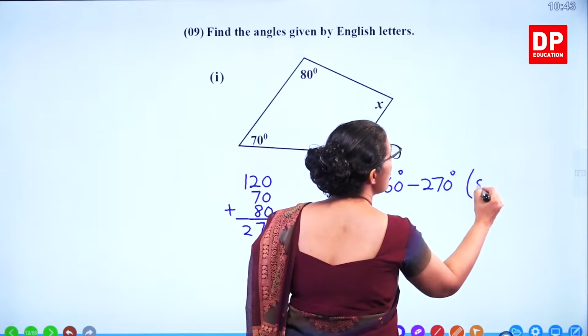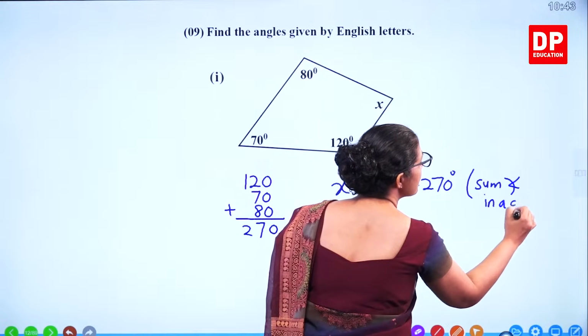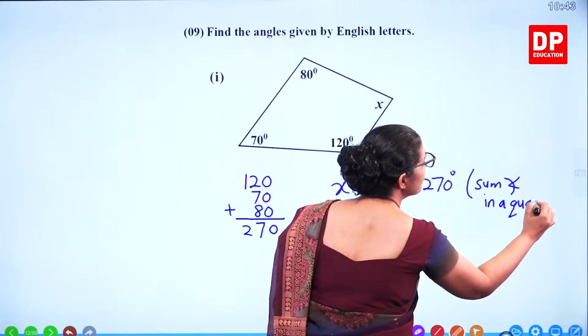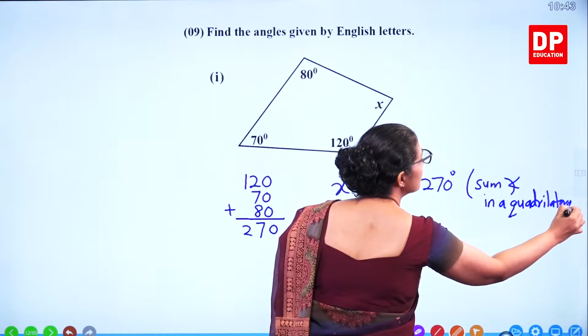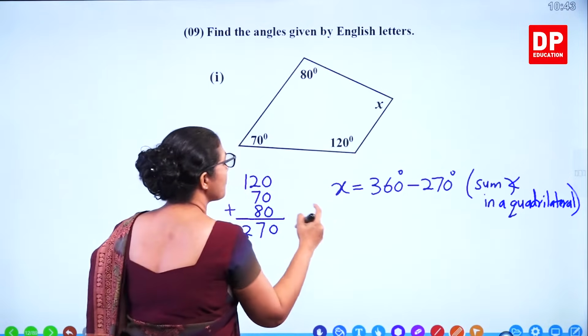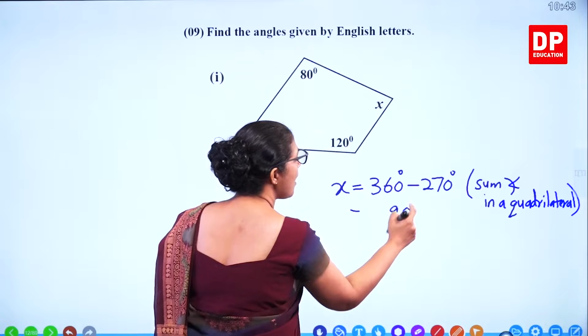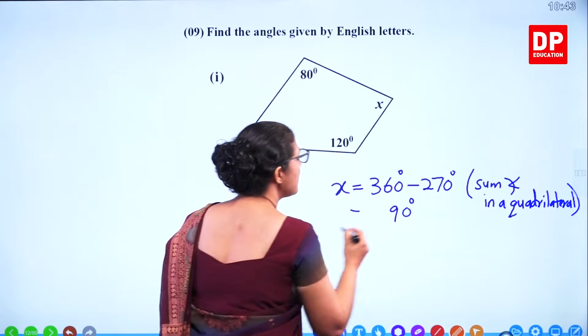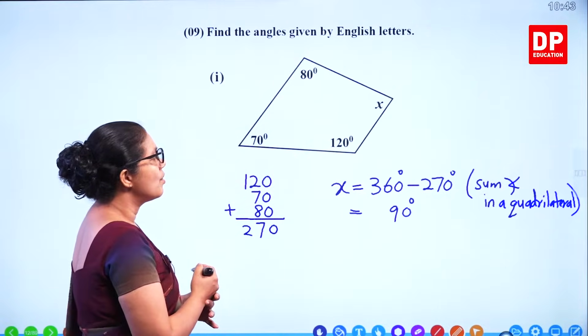You can write the sum of angles in a quadrilateral. What's the answer? 90 degrees. So this is equal to 90 degrees.